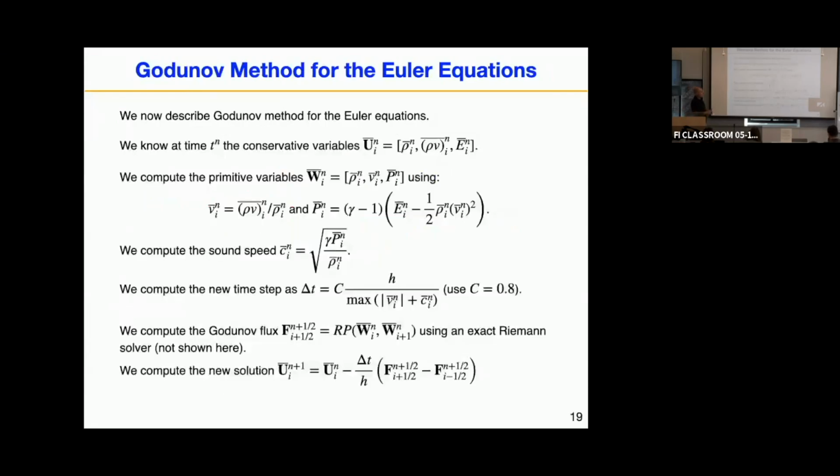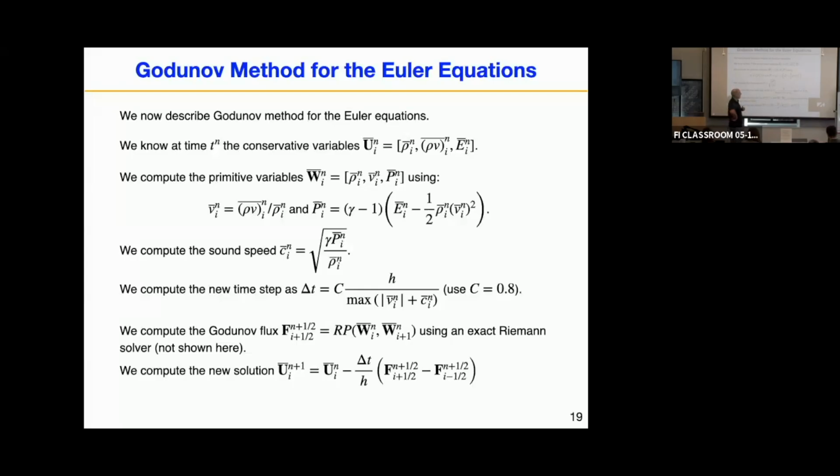Okay, let's now summarize the Godunov method for the Euler equation. Right? So again, vector of conservative variable, density, momentum, and total energy. So usually what we do is we convert this conservative variable into the primitive variable.